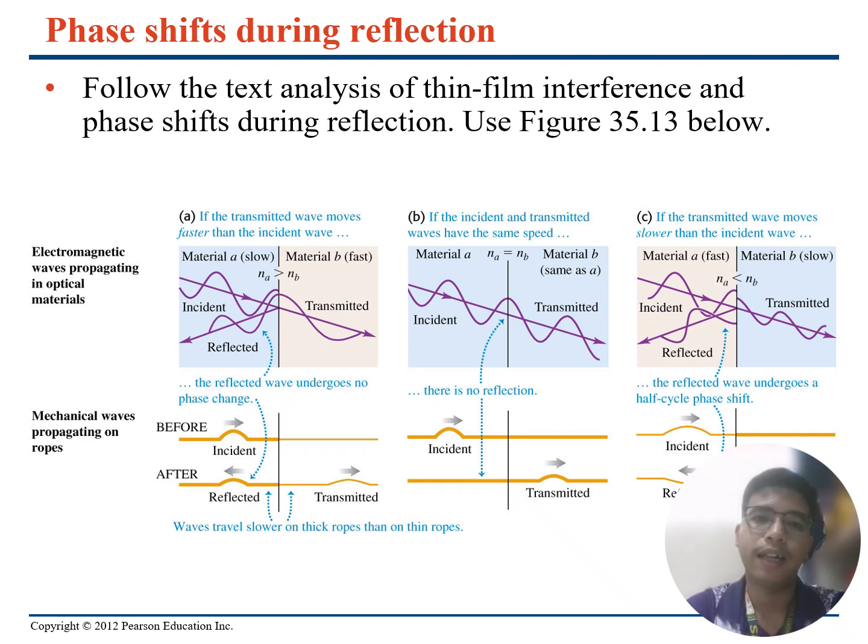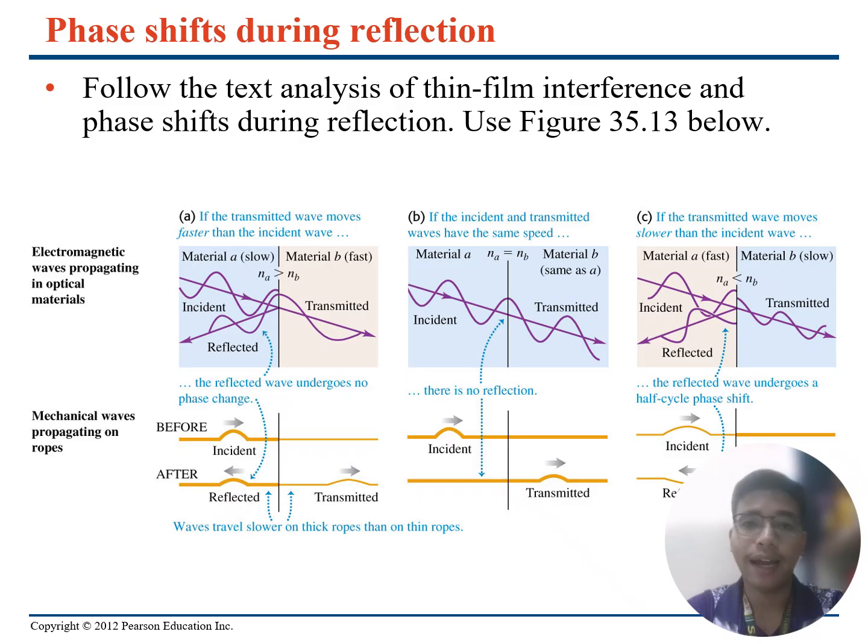However, when light reflects from a boundary leading to a lower refractive index, no phase shift occurs. These phase changes alter the interference condition and must be considered carefully when analyzing thin film problems.